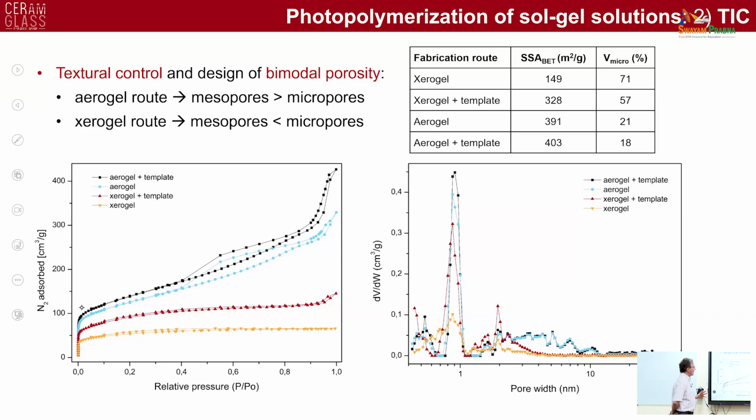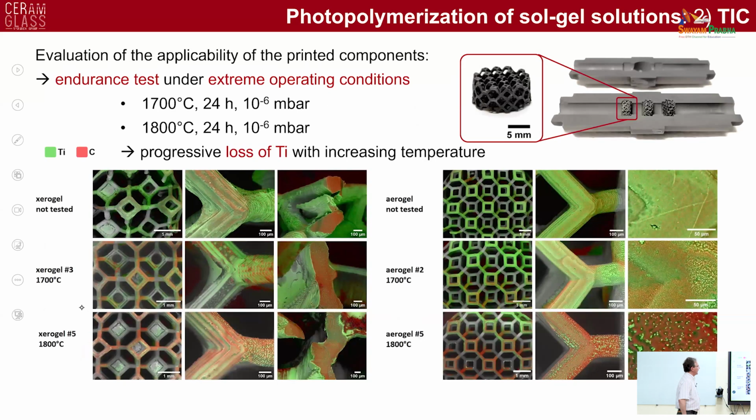For our application, having mesopores, so between 2 and 50 nanometers, is favorable for the release of the isotopes. So this is a good material that we were able to develop for this specific application.